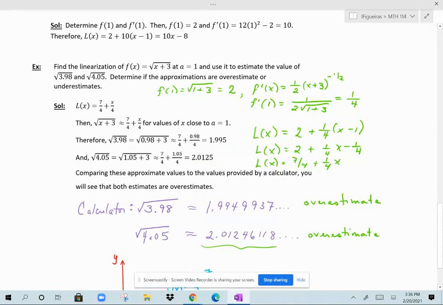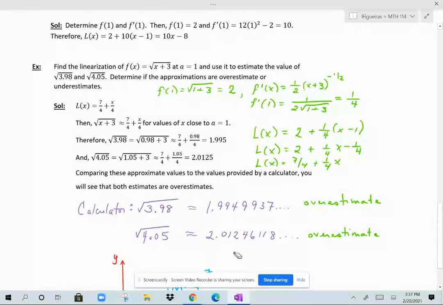So again, before there were computers and calculators and things like that, if a mathematician or scientist wanted to compute the square root of 3.98, the linearization gave them a pretty close estimate of what that would be. Because this could definitely be done by hand. This, no, cannot be done by hand. At least not in a reasonable way.